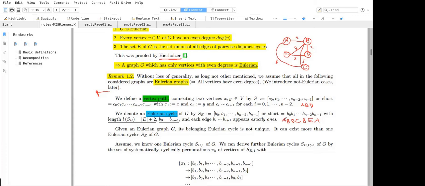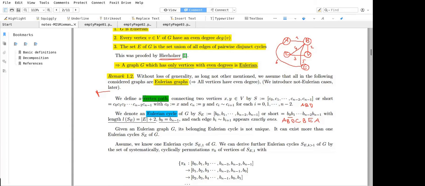The edge is always this thing here between. So we have here, for example, the edge BD, our second edge, or the edge BE. So it appears exactly once.